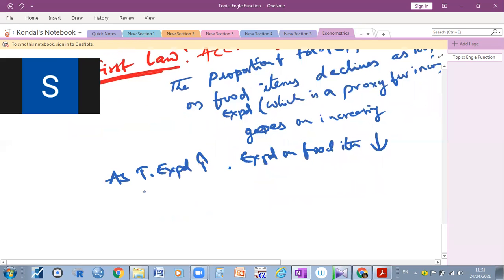When your income increases, you are going to spend less on food items. There is an inverse relationship between these two as per the first law of Engel.